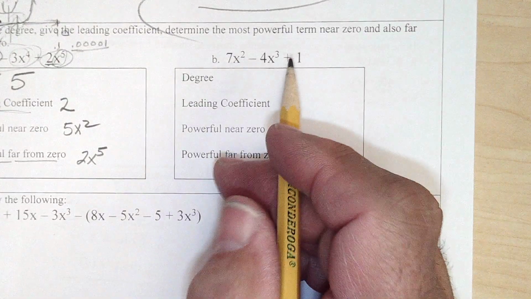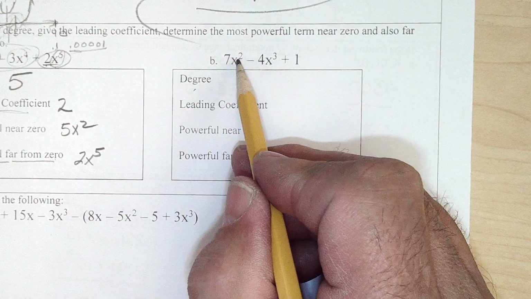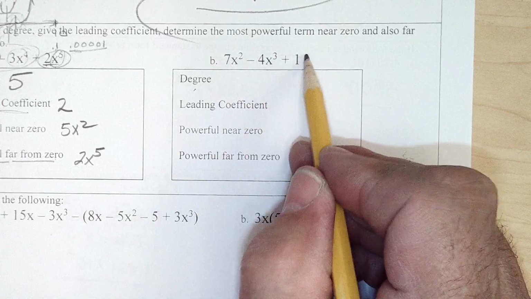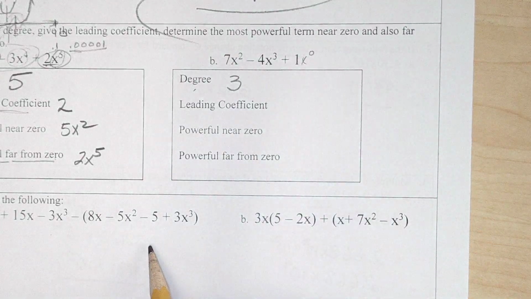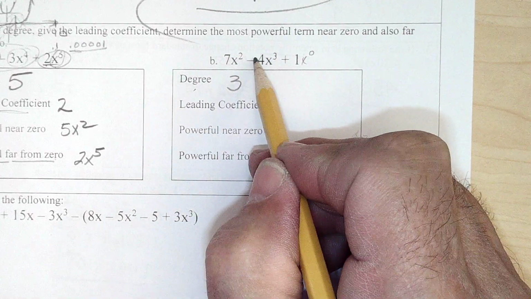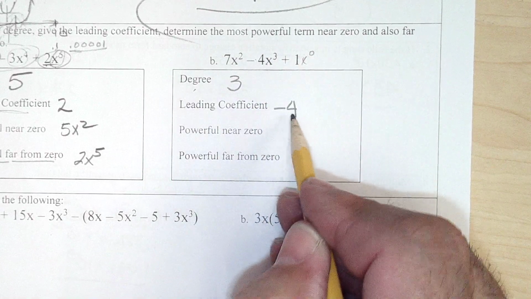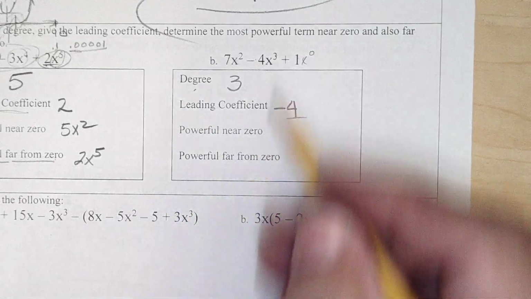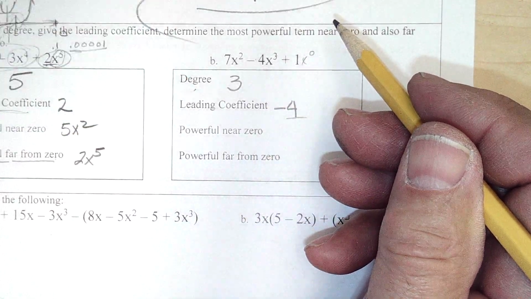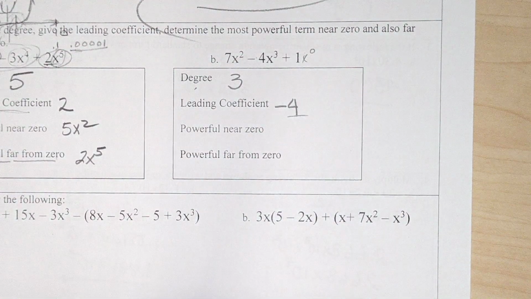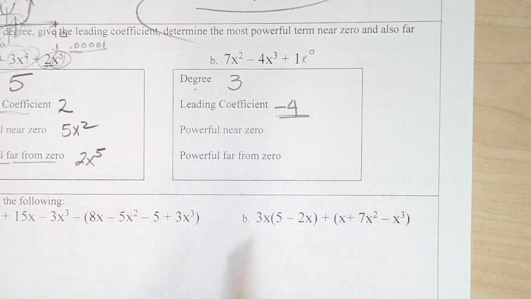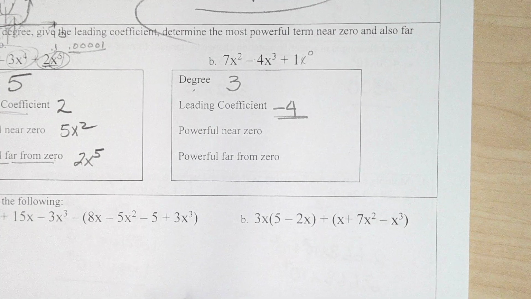So over here, the degree is not 2, it's not 0, it's 3. How many x to the thirds do we have? -4. That's the leading coefficient. That negative is telling us it's going to be upside down. The 4 means it's stretched, and we're going to be talking about that, but that 4 becomes really important.